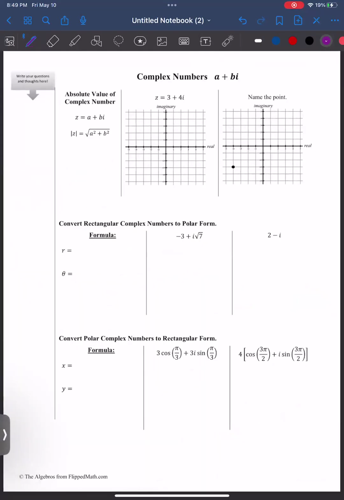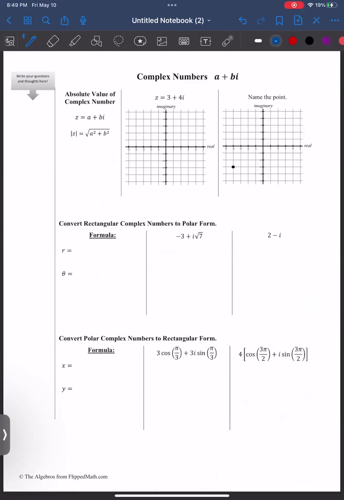Now let's go ahead and talk about the complex numbers, right? Because we can't have fun without complex numbers. So, absolute value of complex numbers. Here we have our very nice looking Z, which is the imaginaries.